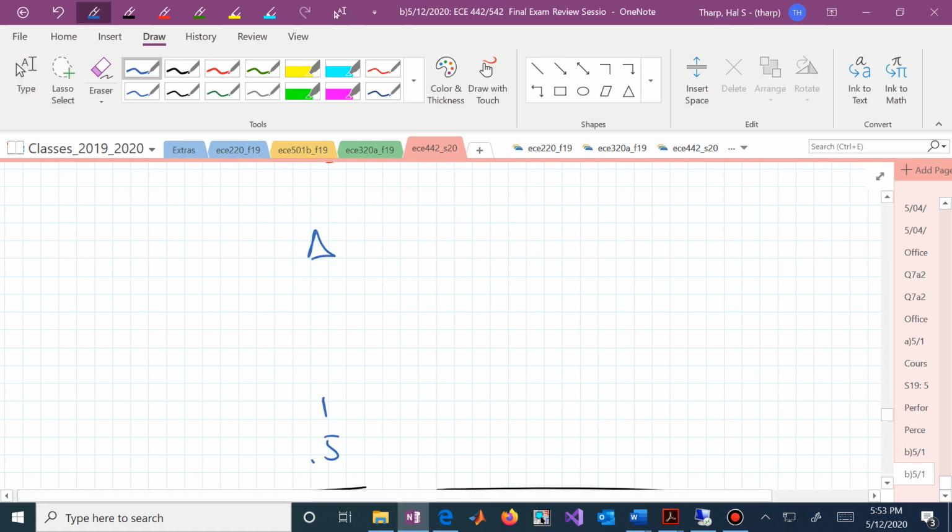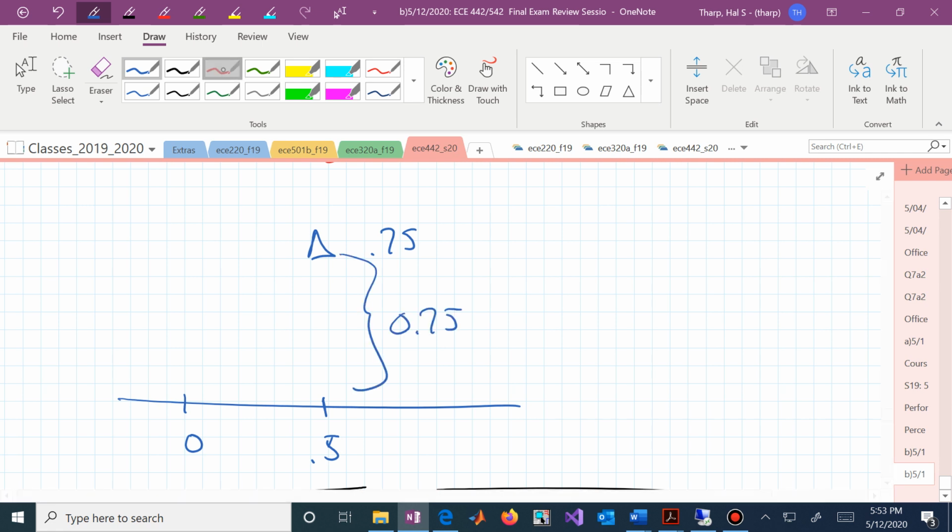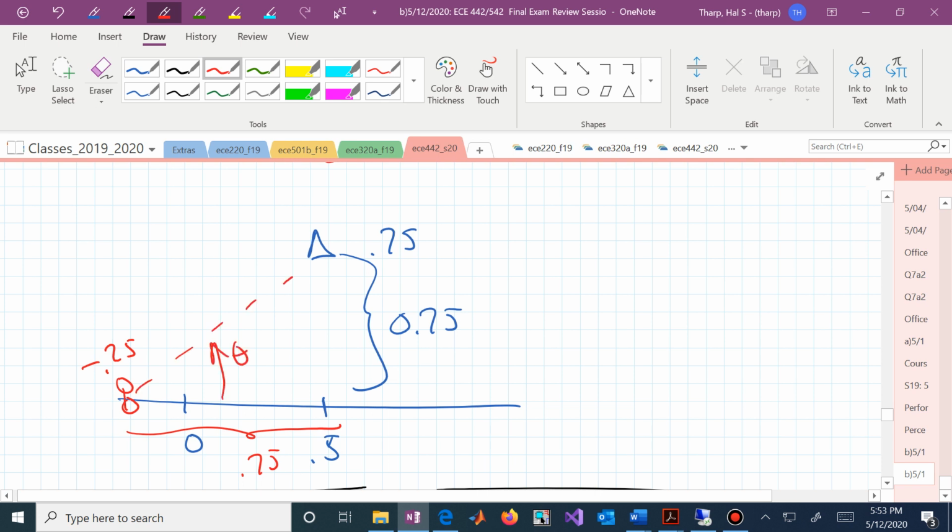I know that triangle is centered over 0.5. Here's the origin, and it has a vertical distance of 0.75. I now need to be over here, 0.75, so my zeros are at minus 0.25. That gives me now this theta sub z of 45 degrees that I was after.